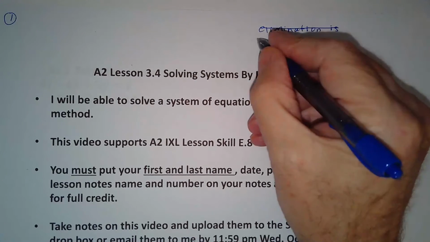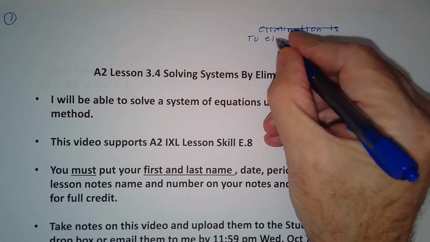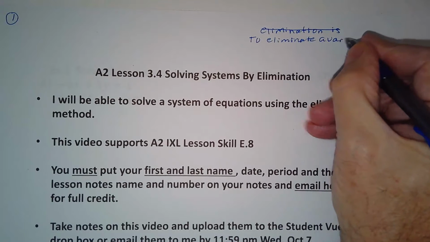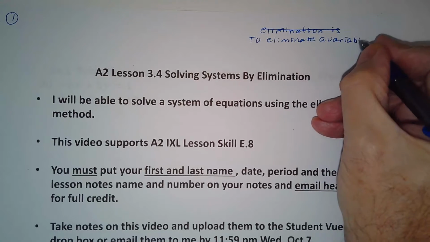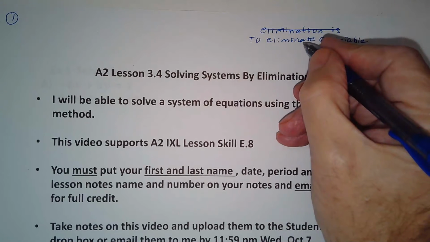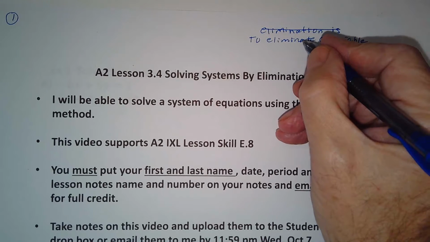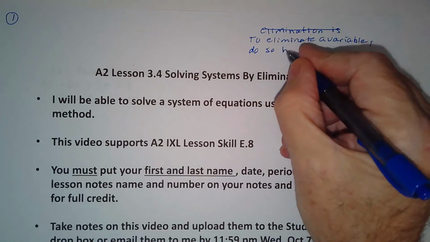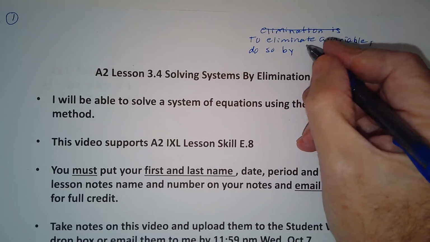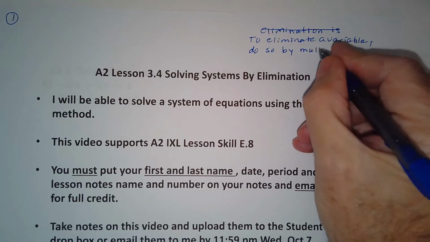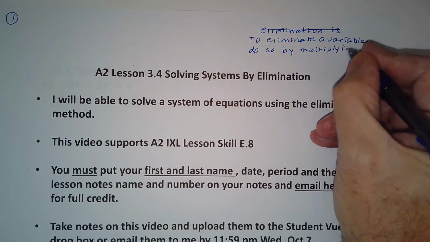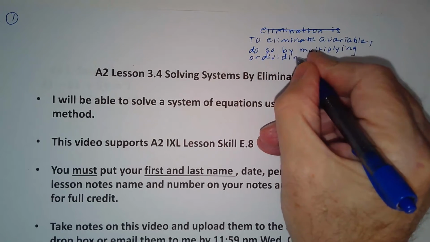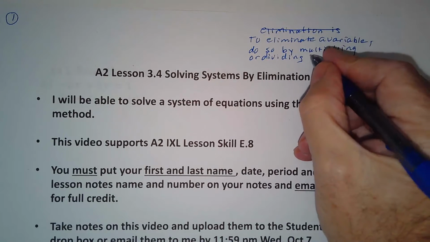To eliminate a variable, do so by multiplying or dividing to get the opposite coefficients.